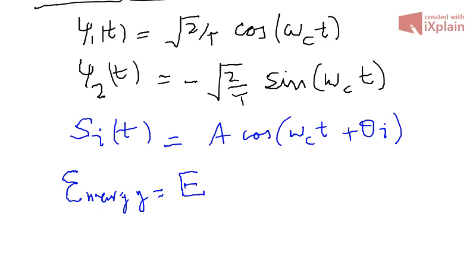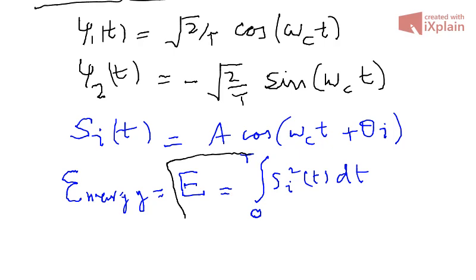The energy of the signal is E, which is the integral of the square of the signal, because our signal exists from 0 to T, so our limits will be 0 to T. We have to find the energy by evaluating this integral.